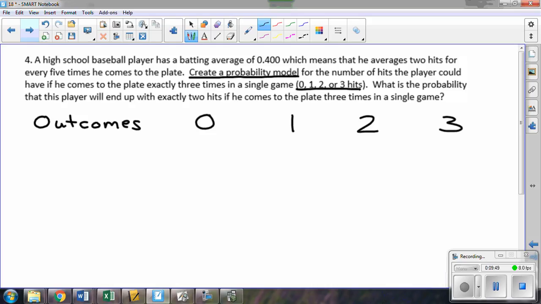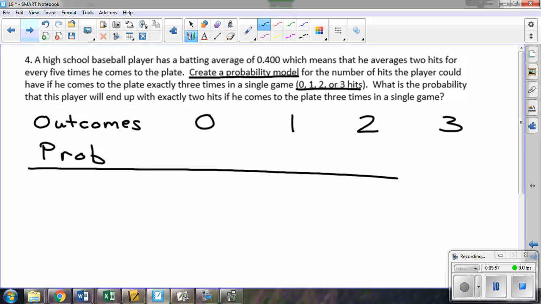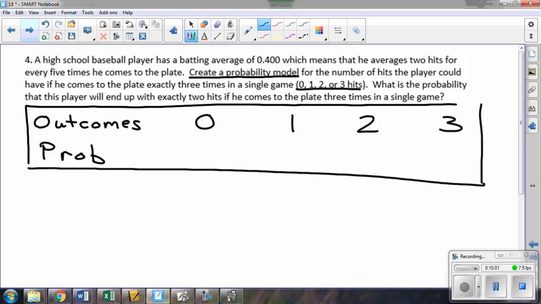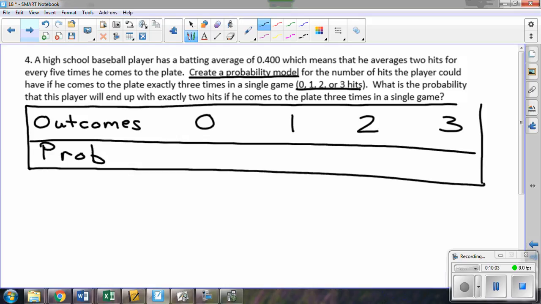That's our sample space. And a probability model lists the probability for each one of those different outcomes. So we need to determine what is the probability that this player gets 0 hits, what is the probability that they get 1 hit, or 2 hits, or 3 hits.